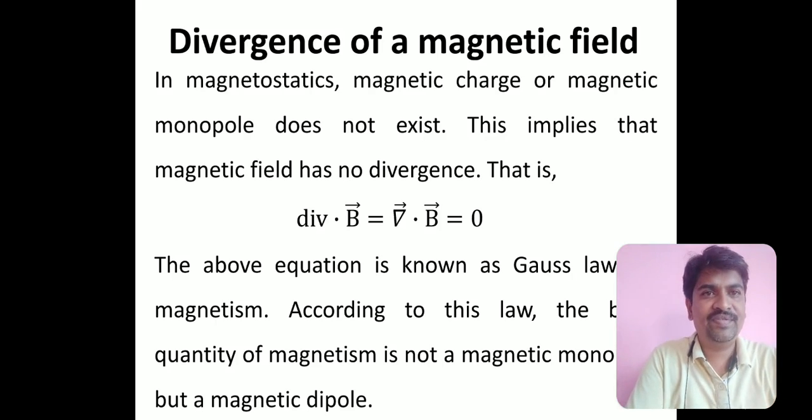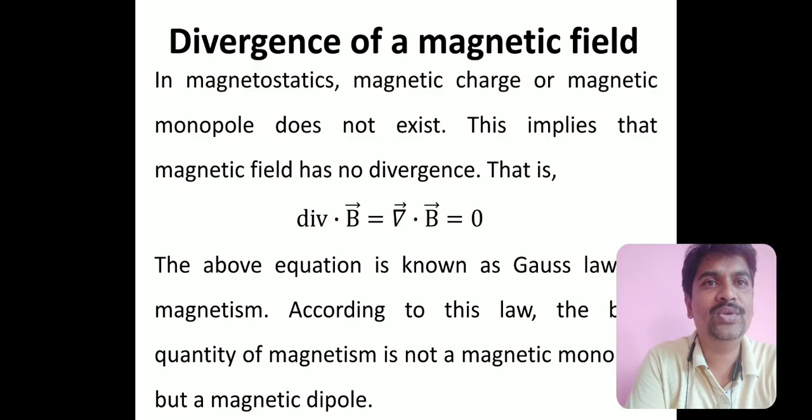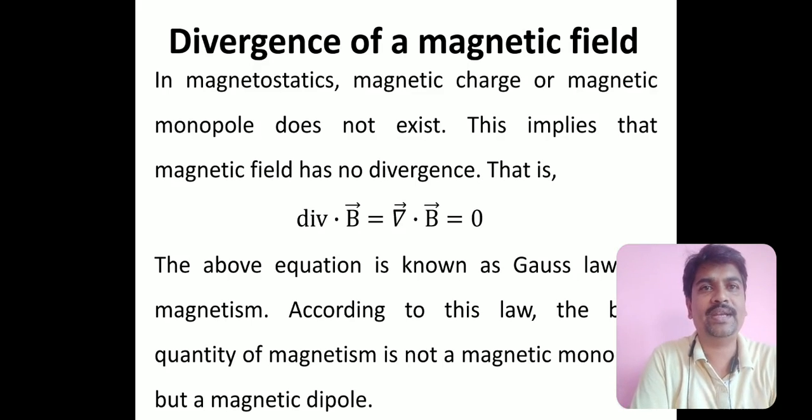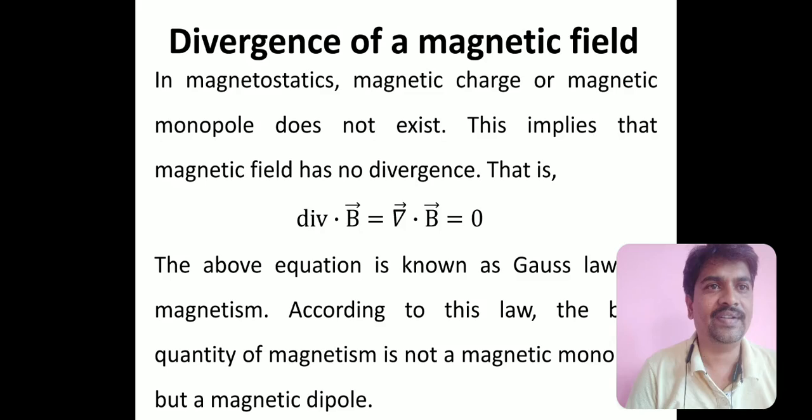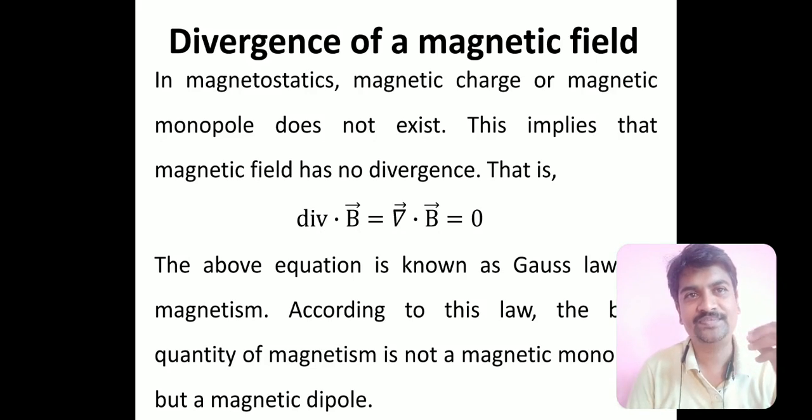Before discussing the cases, let me explain some more things about the magnetic field, namely the divergence of the magnetic field. See, magnetic monopoles do not exist. We can have magnetic dipoles, so magnetic poles coexist.